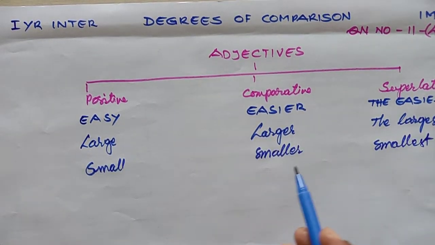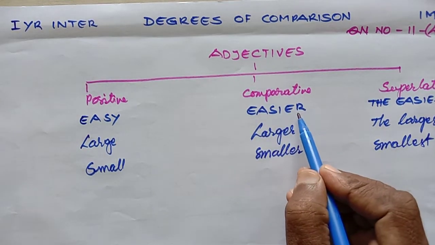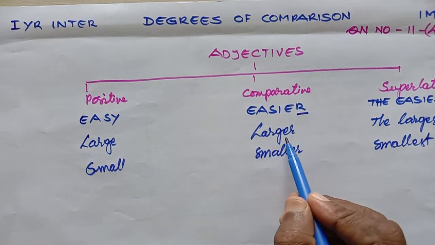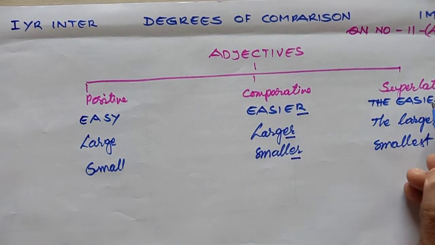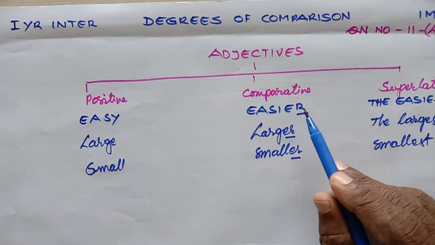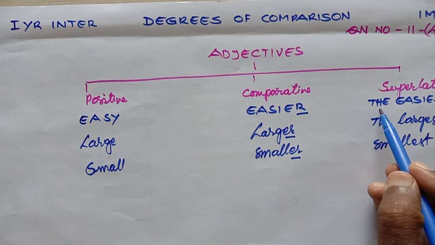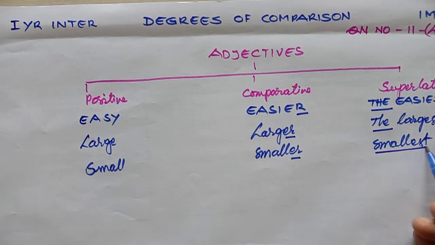Now if you observe one thing here, easy, we made that into comparative form as easier. Large, we added larger. Small, we added smaller. And here easy, easier, easiest, and we added the before it. The easiest, the largest, the smallest.